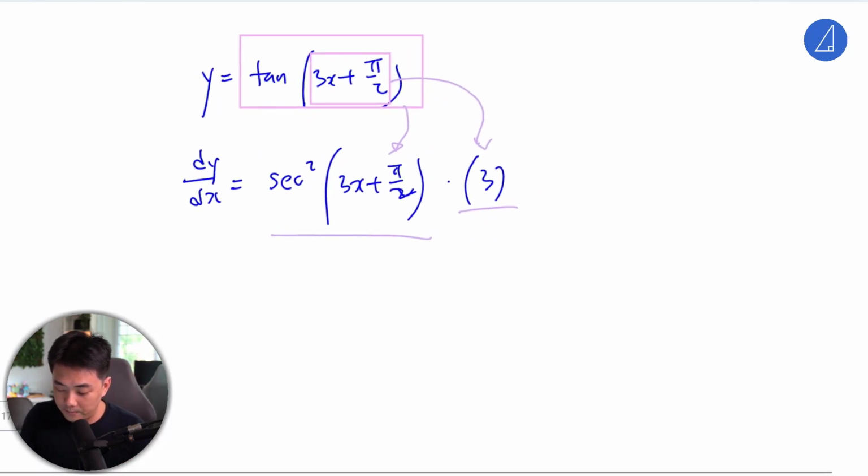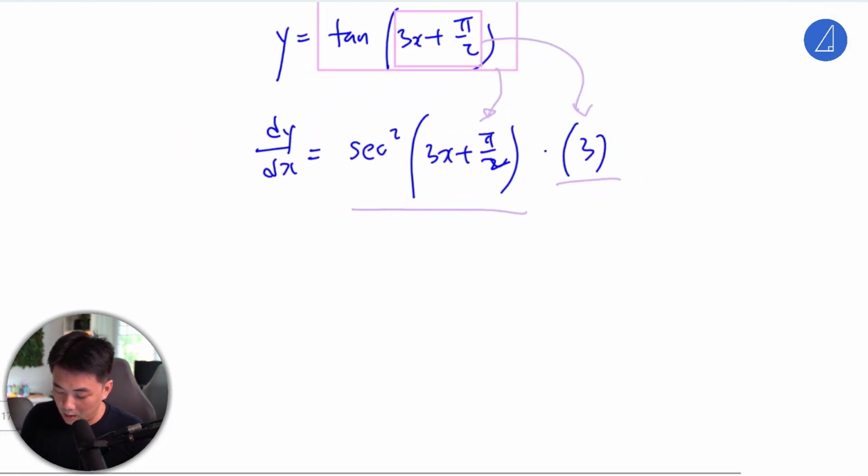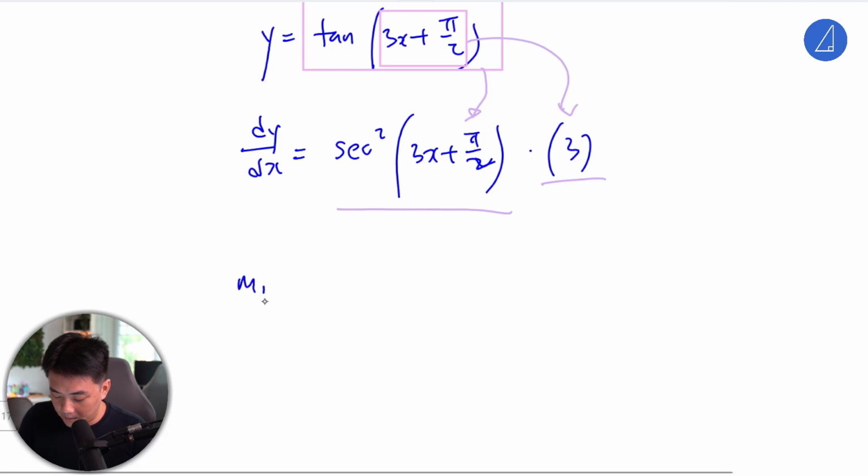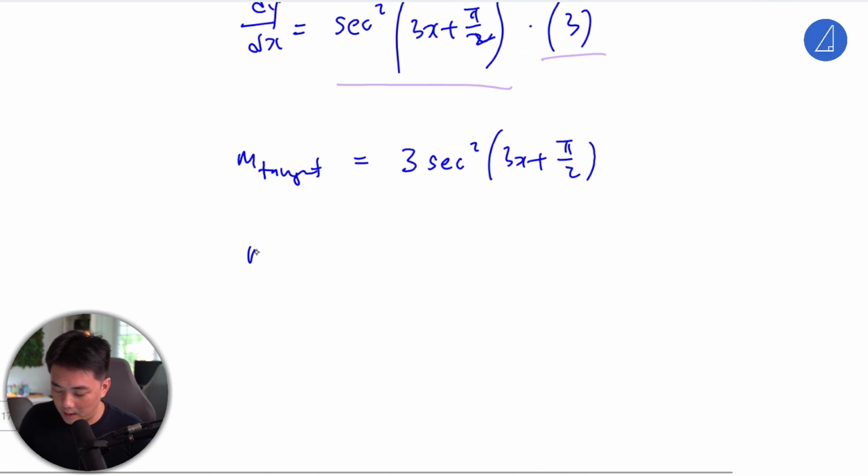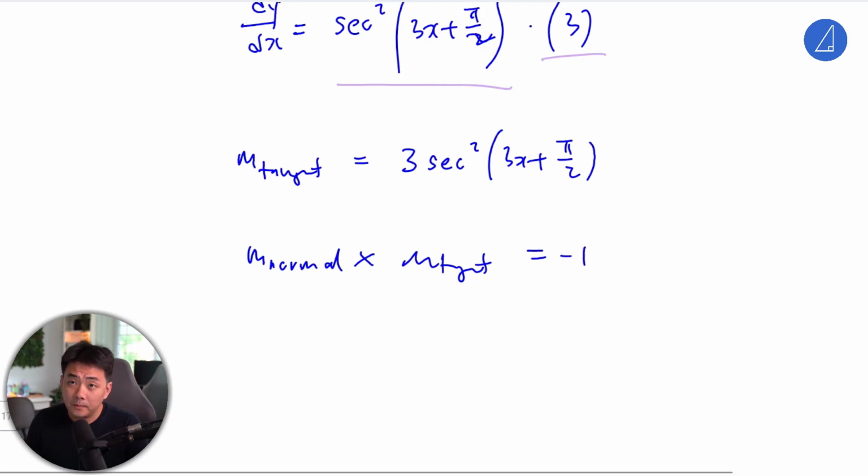So in this case, m tangent is equal to 3 secant square of 3x plus pi over 2. We know that m normal multiplied by m tangent is equal to -1.